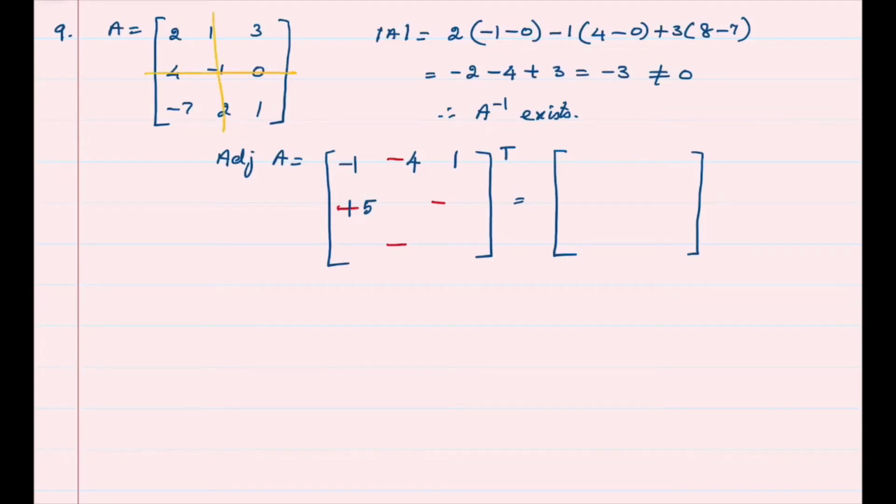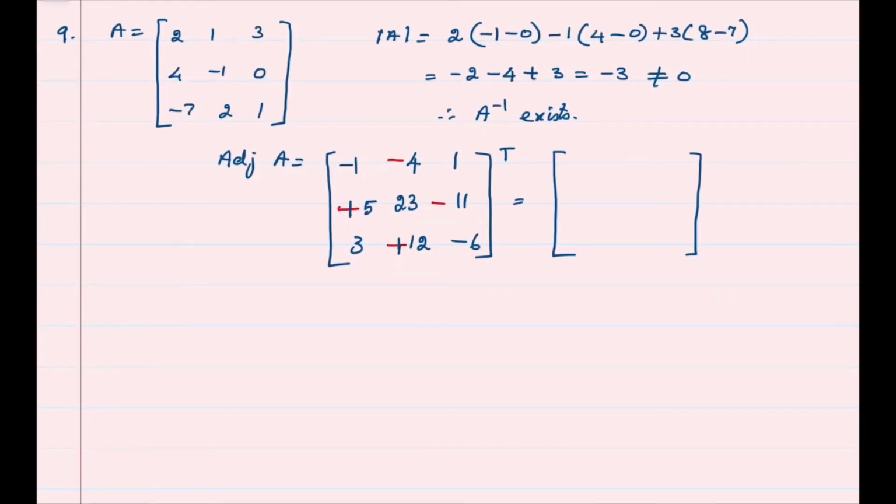Cofactor of minus 1: 2 plus 21, 23. Cofactor of 0: 4 plus 7, 11. Minus 11 it becomes. Cofactor of minus 7: 0 plus 3, 3. Cofactor of 2: 0 minus 12, minus 12, but it becomes plus 12. Cofactor of 1 is minus 2 minus 4, minus 6.